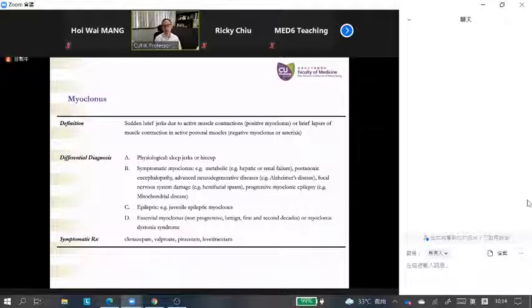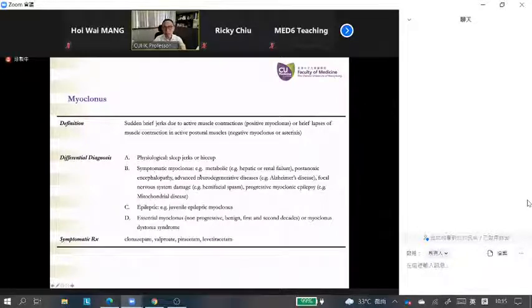A juvenile epileptic myoclonus can generalize as a type of generalized seizure with frequent attacks. So many times, if we work up a first-ever myoclonus with no obvious secondary causes, we'll do an EEG.